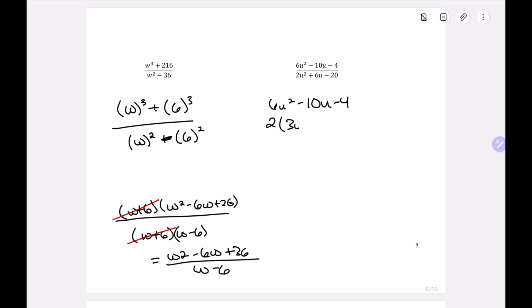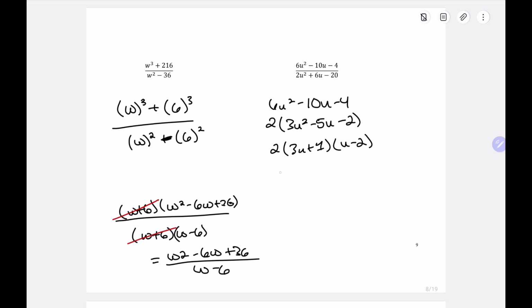Pulling out a 2, we get 3u squared minus 5u minus 2. If we were to use the AC method, we can see that it would be a negative 6 and a positive 1. And if we go through all the factors, we can get a 2, 3u plus 1, and a u minus 2.